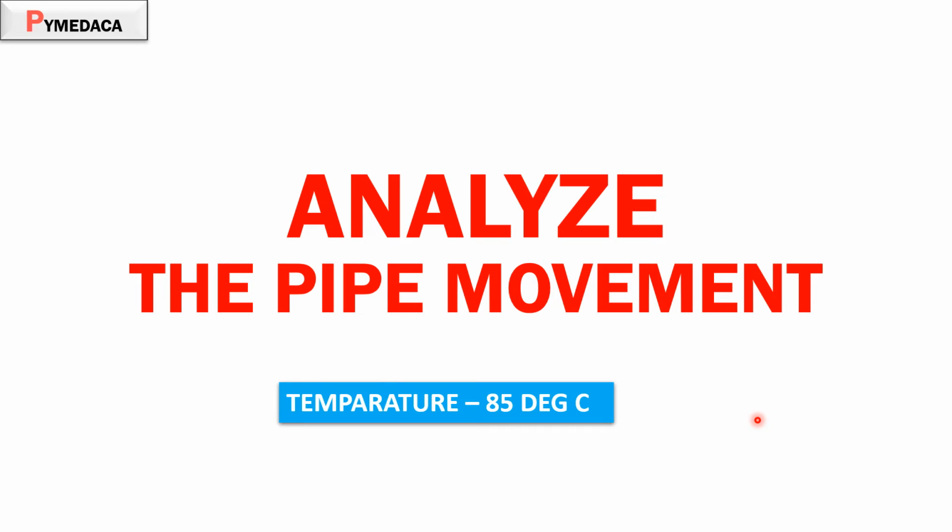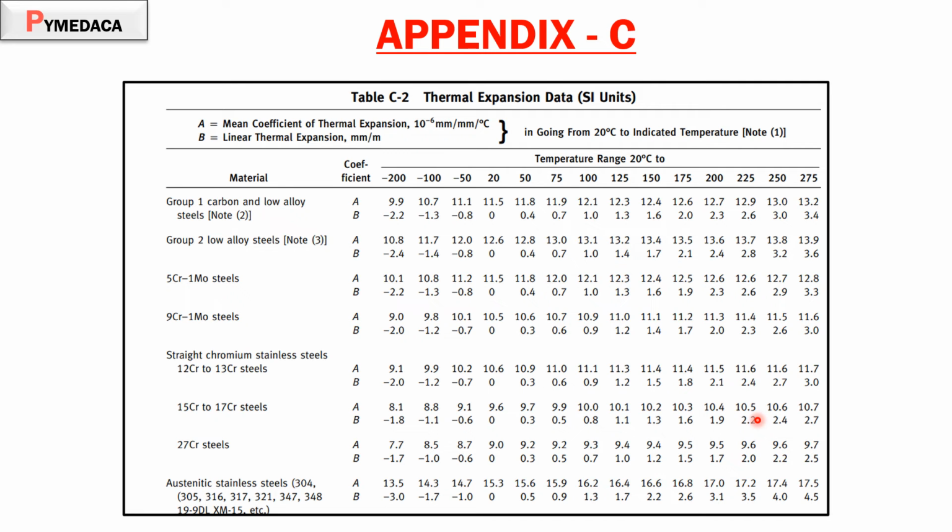For this, you don't have to remember anything, because we already have some data populated in ASME B31.3, Appendix C. Go to Appendix C. Appendix C will clearly tell you how much the line will expand. So in order to educate you, let me just give a brief about it. Appendix C. Here, 2 things you have to understand.